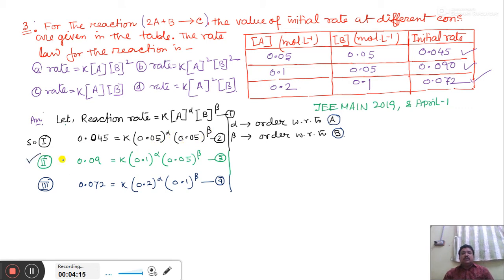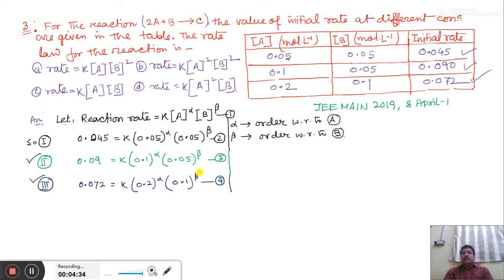From experiment 2 we can write 0.09 rate is equal to K into 0.1 to the power alpha into 0.05 to the power beta. And from experiment 3 we can write 0.072 is equal to K into 0.2 to the power alpha and 0.1 to the power beta.